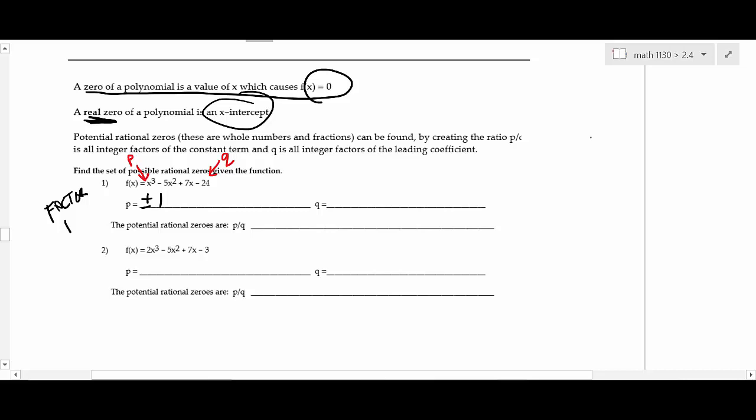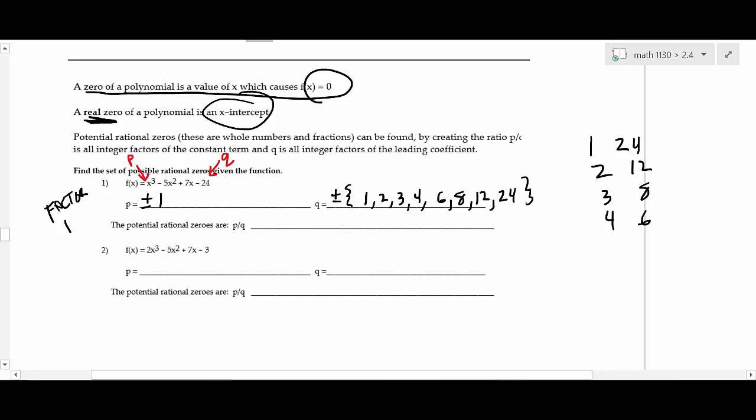And I would do this logically. 1 and 24, 2 and 12, 3 and 8, just kind of match them up. 4 and 6, that's it, okay? But what you want to do is put a plus or minus on there. Now, if you want to put a plus or minus and then a little brace, okay, I'm okay with that. You would just go like 1, 2, 3, 4, 6, 8, 12, 24 like that. You have a plus or minus on like that.